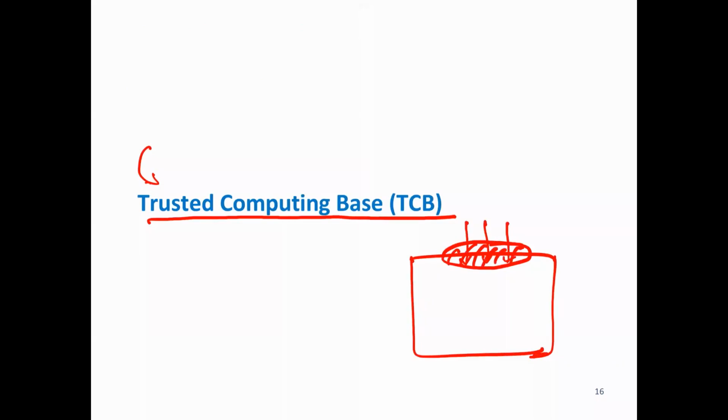It has been designed, tested, and so on, absolute security. And then every input has to pass through that. So this part will verify all the external inputs, and then allow access to the remaining resources.